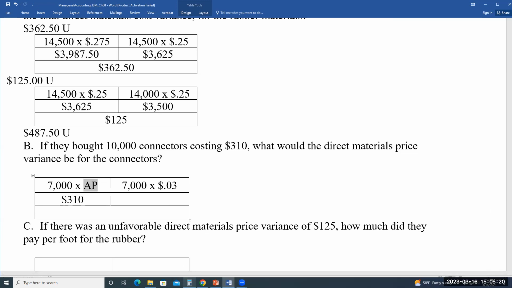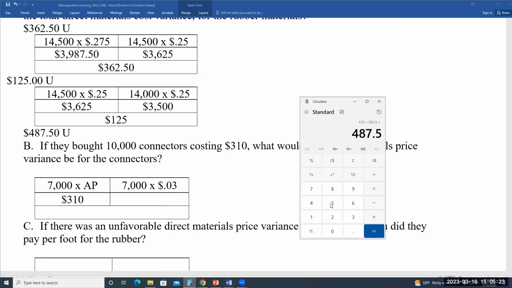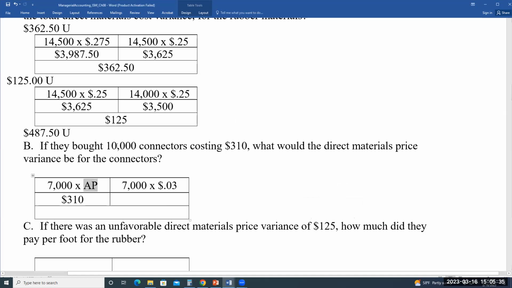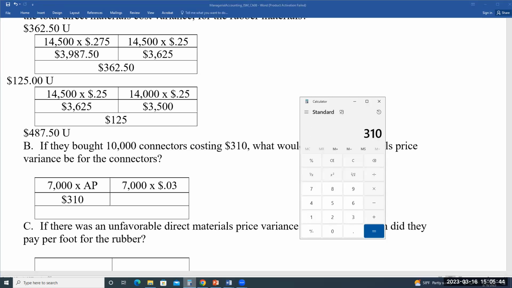Anybody want to tell me how we get that actual price? 310 divided by 7,000. Yep. All right, wait a minute. Wait. Oh, I'm sorry. No, actually, we used 7,000, but we bought 10,000. So it's 310 divided by 10,000.